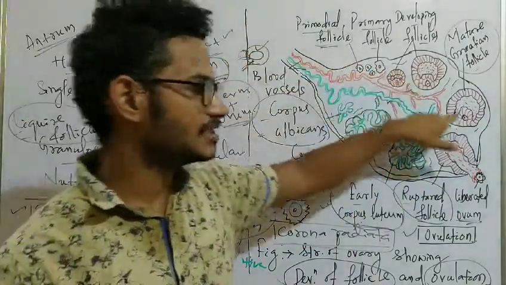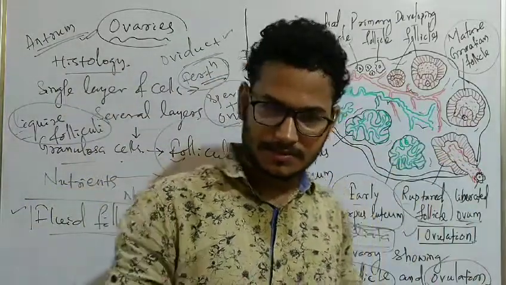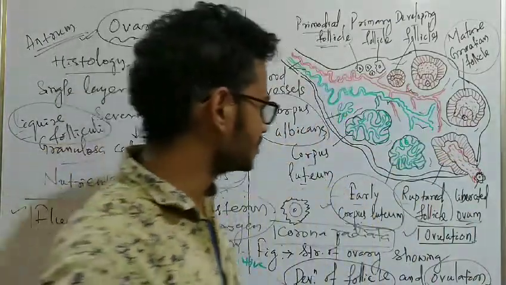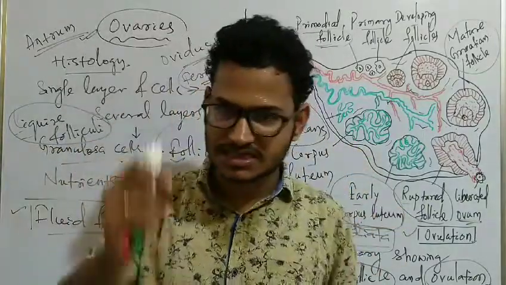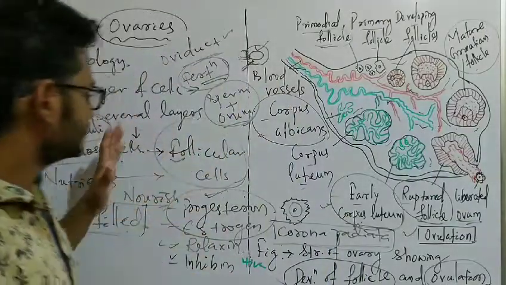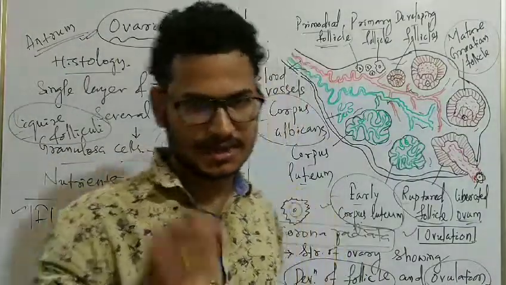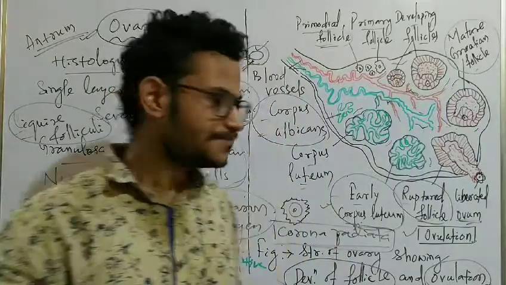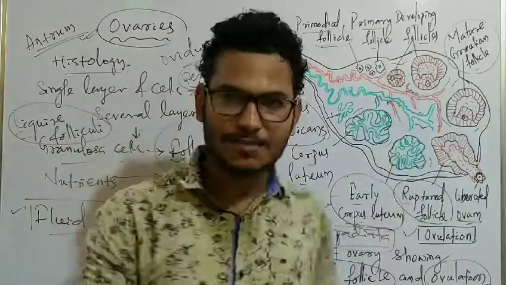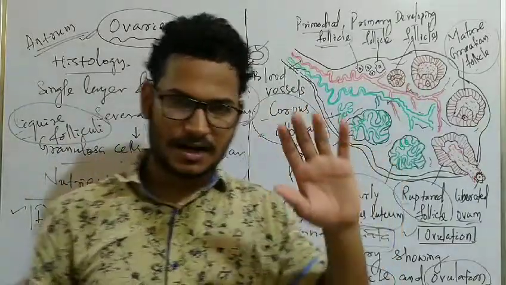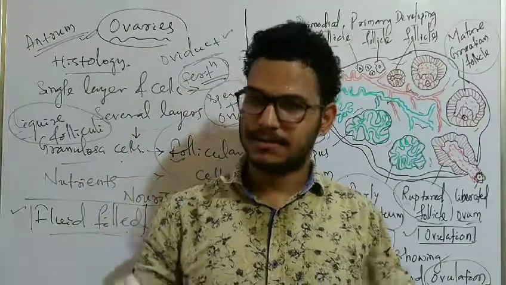You can draw this diagram while answering long answer type questions in the boards, and important 1 mark multiple choice questions are also asked from this area in competitive examinations like NEET and AIIMS. So this is all about the histology and the common idea of the development of the Graafian follicle and the process of ovulation inside the ovary.